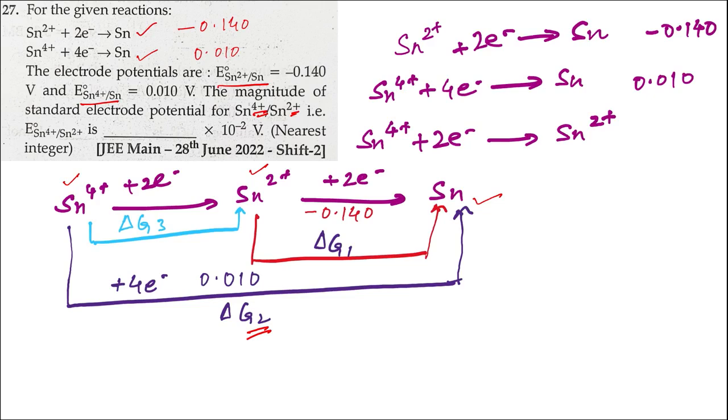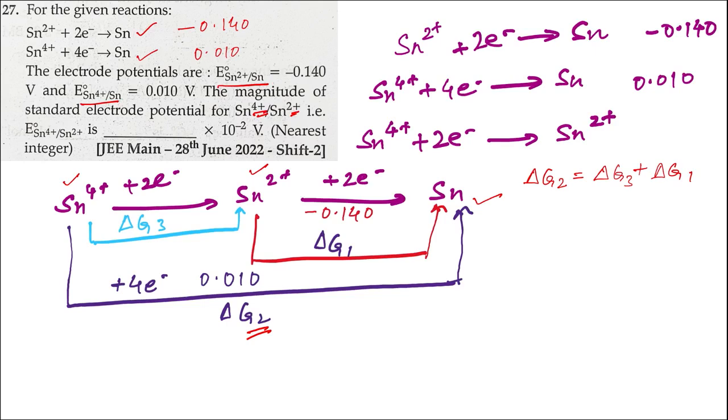You cannot obtain the electrode potential value by adding the electrode potentials of various steps, but delta G values are additive, so delta G values for different steps can be added. So it can be written that delta G2 is equal to delta G3 plus delta G1.